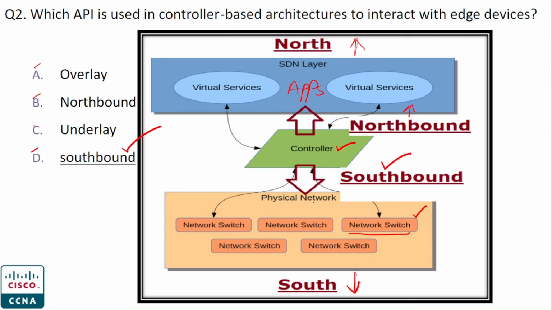So the APIs that are directed towards south and talk with the edge devices are known as the southbound APIs, while the APIs that are in the direction of the north and that interact with the virtual services of the SDN layer are basically the northbound APIs.